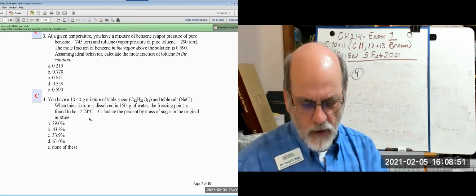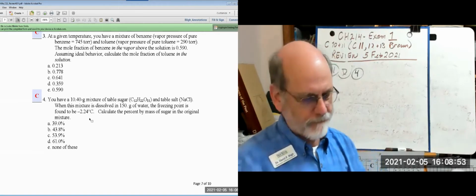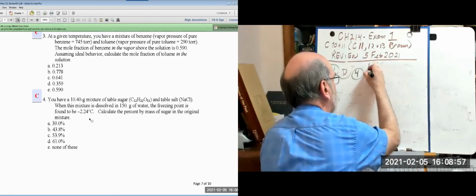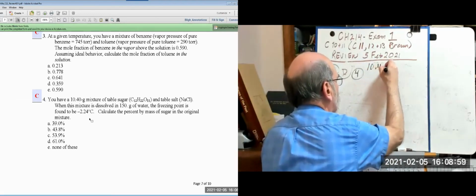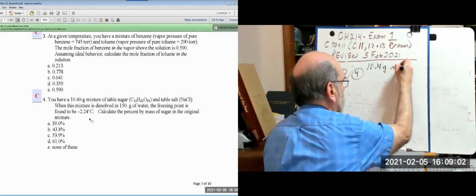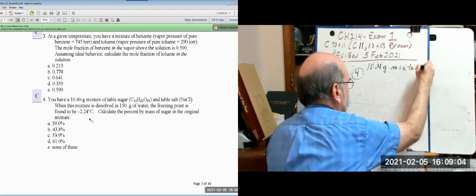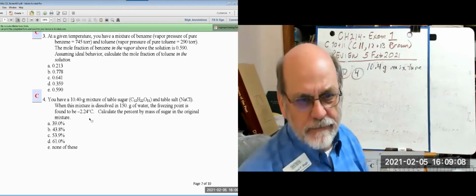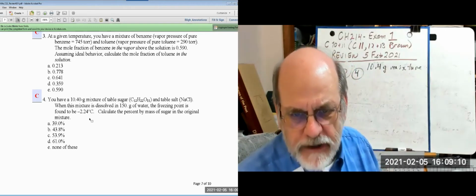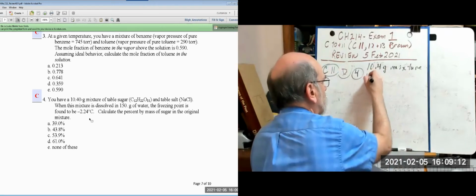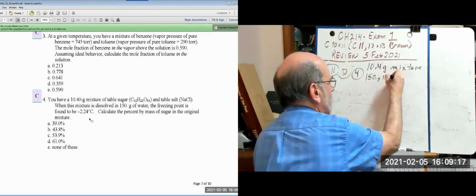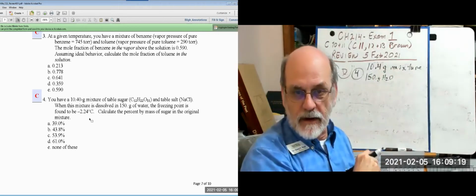All right. So what are we given? We're given 10.4 grams of mixture. We're also given 150 grams of water as the solvent, right?